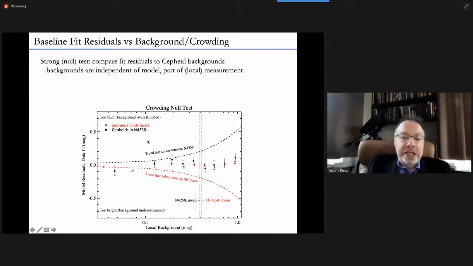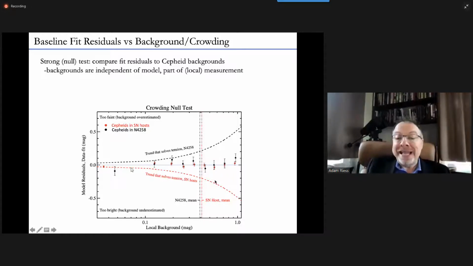However, you might think, what does it take for it to not pass that test, and in particular, to solve the Hubble tension? What it requires is to be systematically underestimating the backgrounds for Cepheids in supernova hosts, as would follow this red line here, so that it became 0.2 of a magnitude by the mean, or alternatively, to overestimate the background for the Cepheids in NGC 4258, since that's the calibrator.